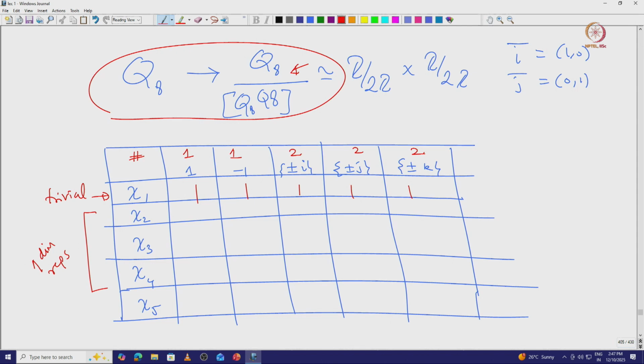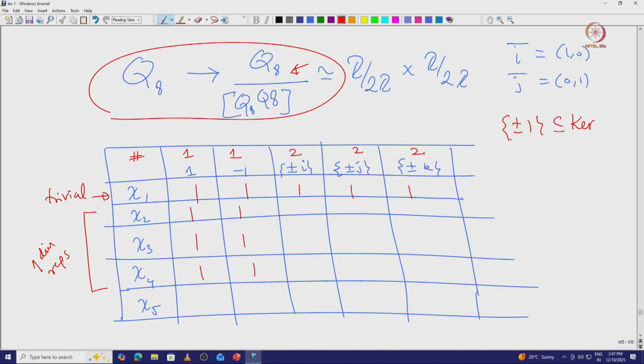Now, you can see that plus or minus 1 is going to be in the kernel of all the representations, row 2, row 3, row 4. That means all these entries are going to be 1, 1, 1, 1. Now we need to pick what to assign for I bar and j bar.